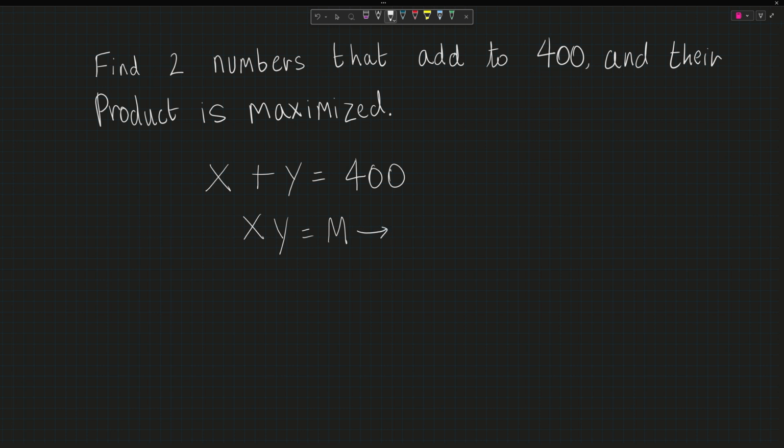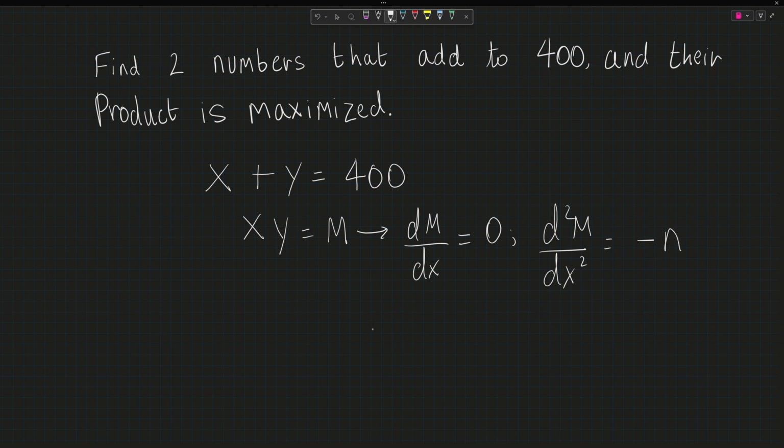So what we want is dm over dx or dy. You can choose any. That's something that you can pick. dm over dx is 0, and d squared m over dx squared, which indicates the second derivative, is negative something.